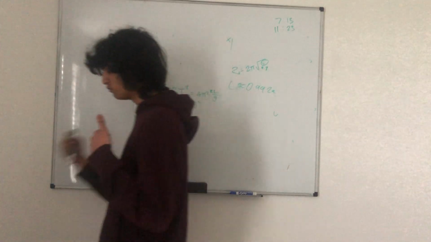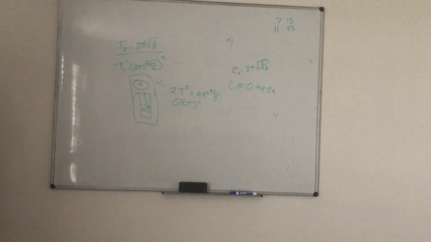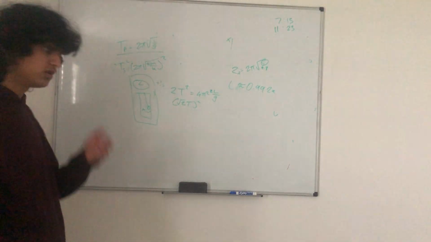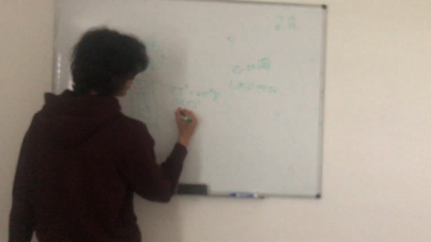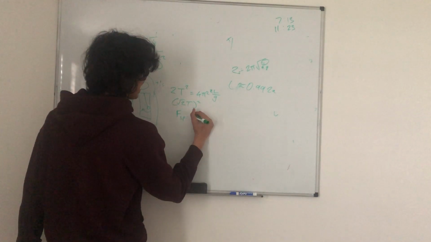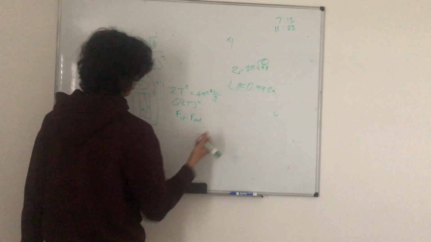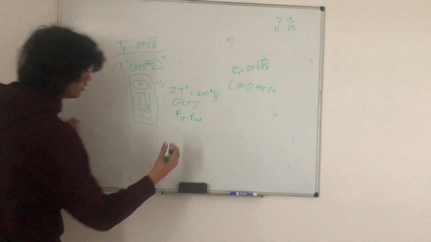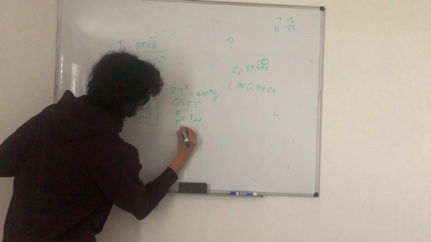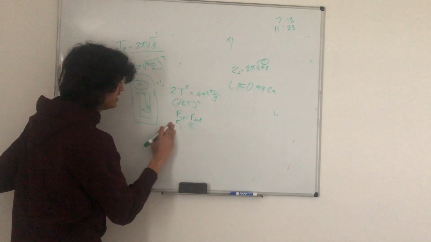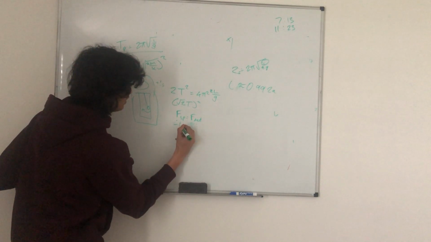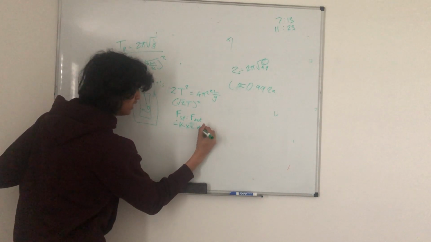Like the spring has a max acceleration of 10 meters per second squared. What does that mean? If you had a spring, the force of the spring is equal to F net, the only force on the spring. So the force of the spring, negative kx, is going to equal ma.